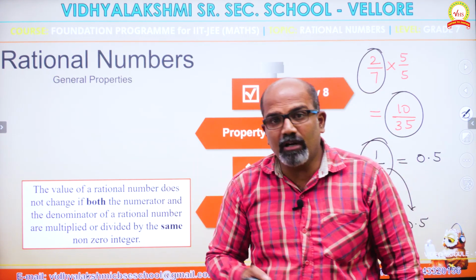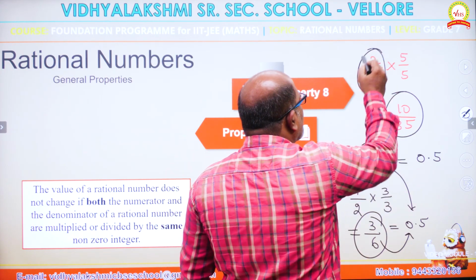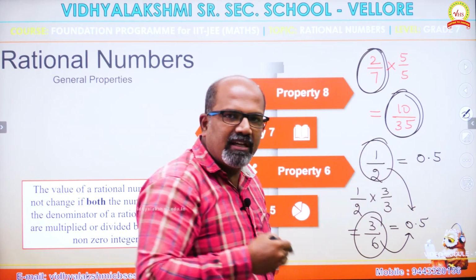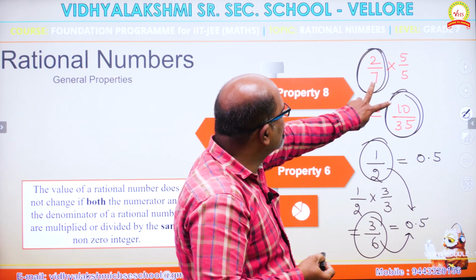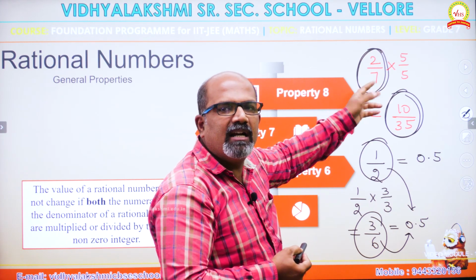And I can tell you one more thing here. See, 2/7 is the rational number that we have taken, and 10/35 is the rational number that we got after multiplication. Then what can I call these two? I can call these two rational numbers equivalent rational numbers.